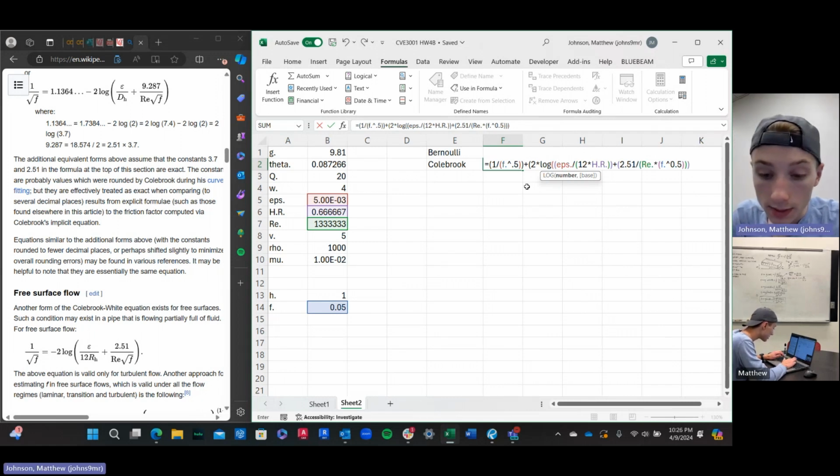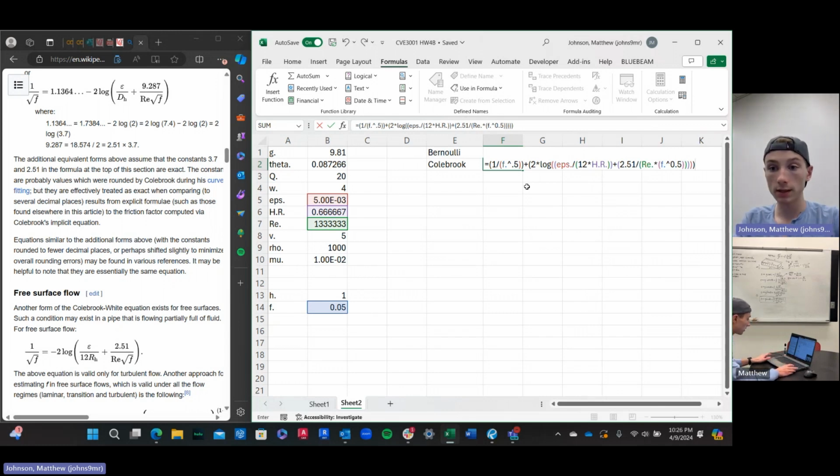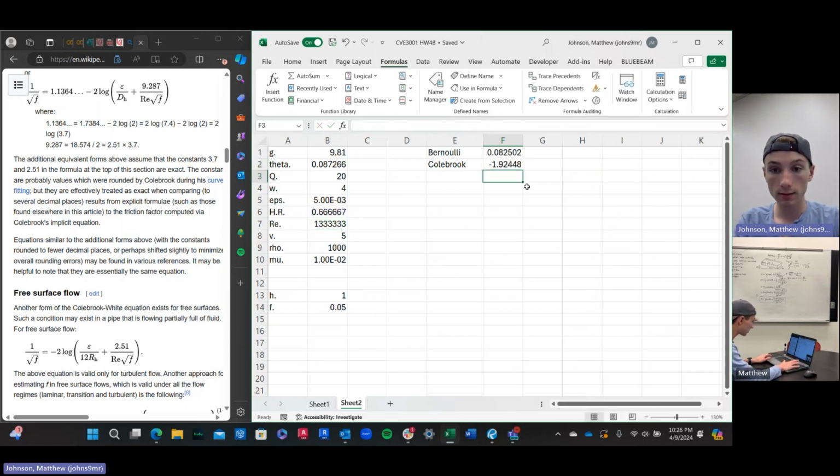Where are we with our parentheses here? I need one for the log, one for the multiplication. Okay. And then we will get negative 1.92.